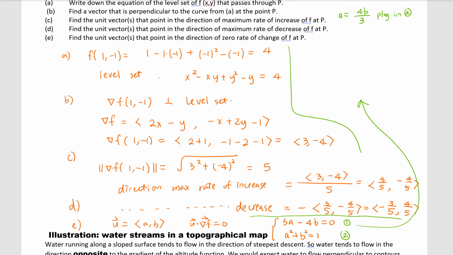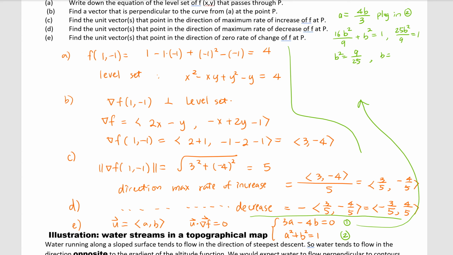Then a squared, so 16b squared over 9 plus b squared equals 1. On the left, we take the common denominator 9, and then 16 plus 9 is 25. So b squared equals, multiply by 9 on both sides, then divided by 25.